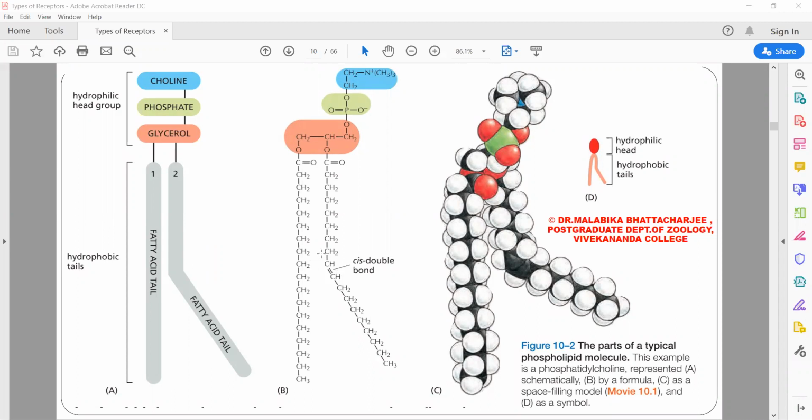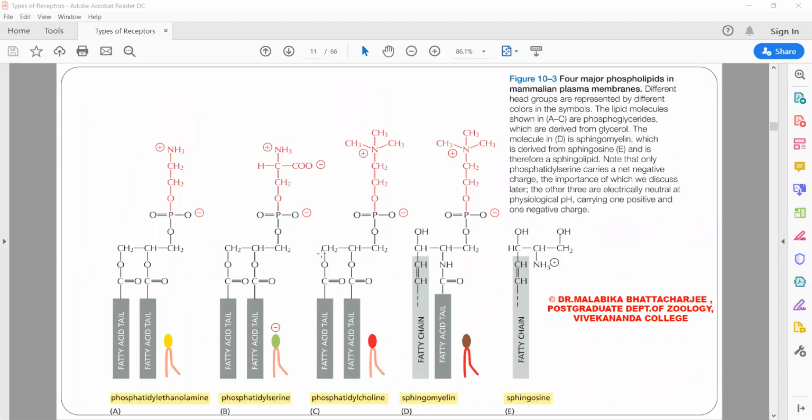If we look into the phospholipids found in the lipid bilayer, these are the very common and the 4 major phospholipids found in the bilayer. Phosphatidylethanolamine. If you look into the structure, it's a neutrally charged phospholipid, as it has one positive and one negative charge. Phosphatidylserine is the second phospholipid.